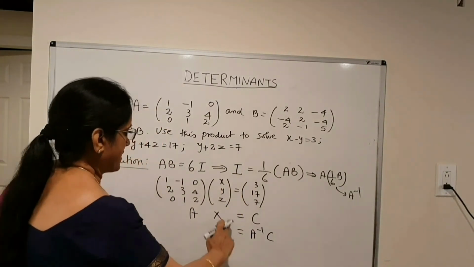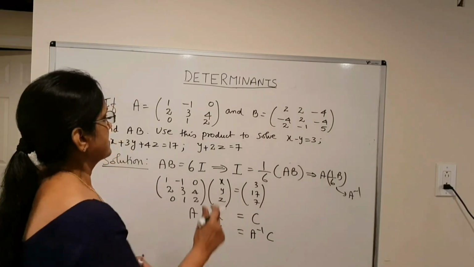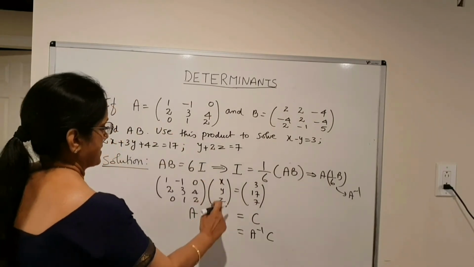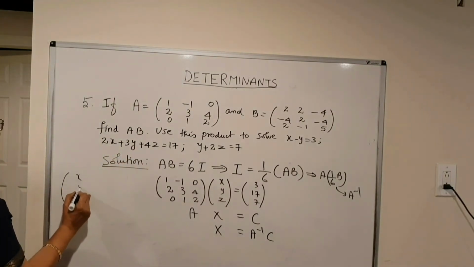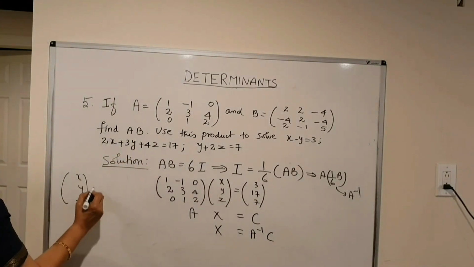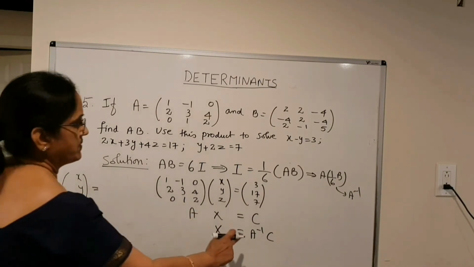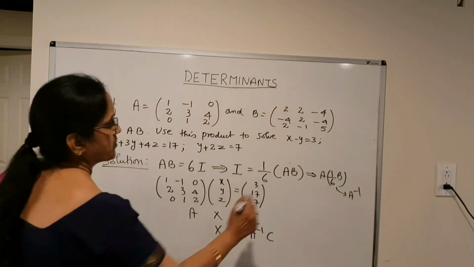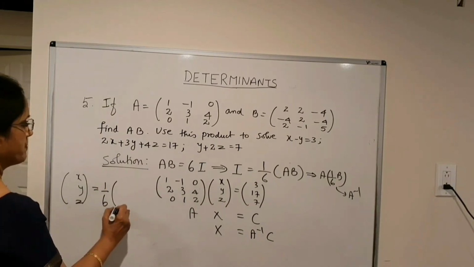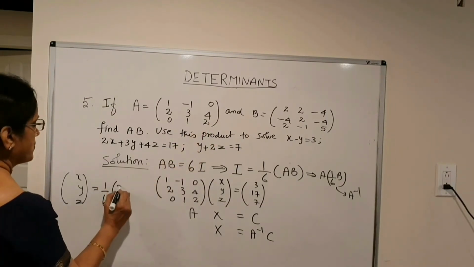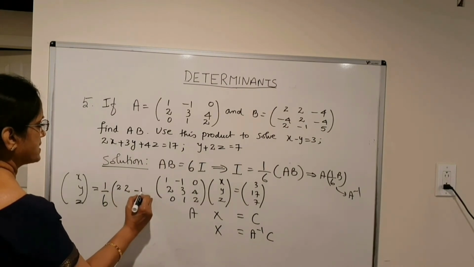So, let me write now, X is nothing but x, y, z. x, y, z is equal to, A inverse is 1 by 6 of B matrix. B matrix is 2, 2, minus 4.